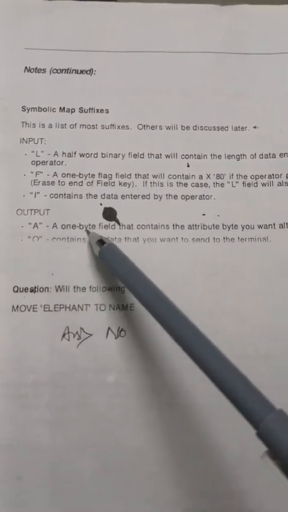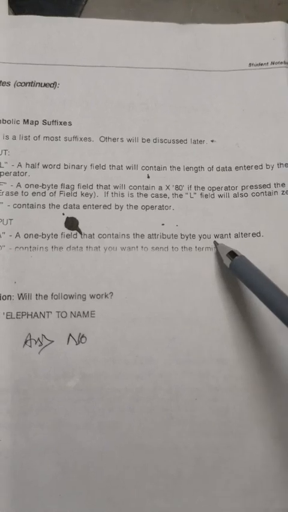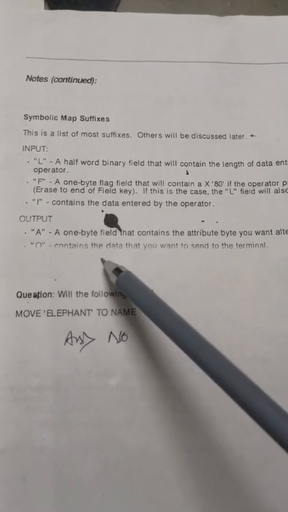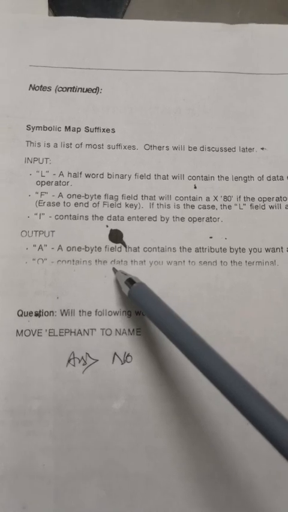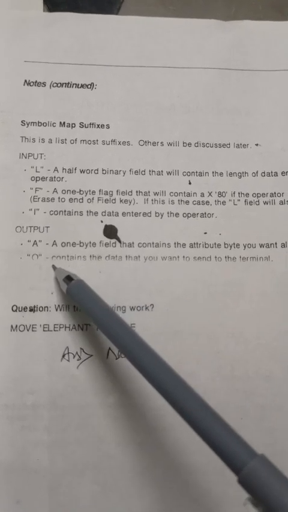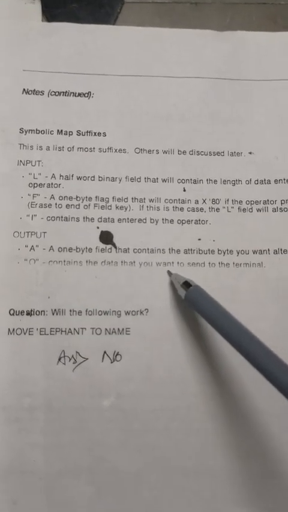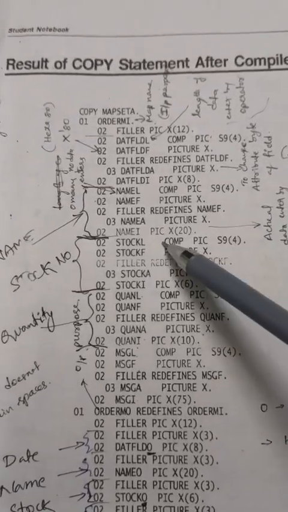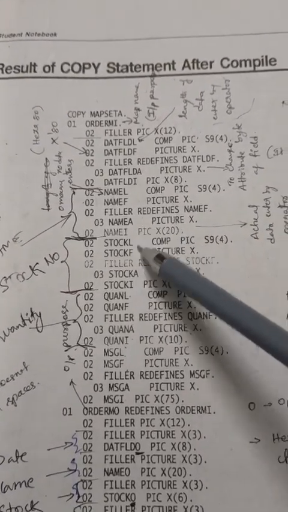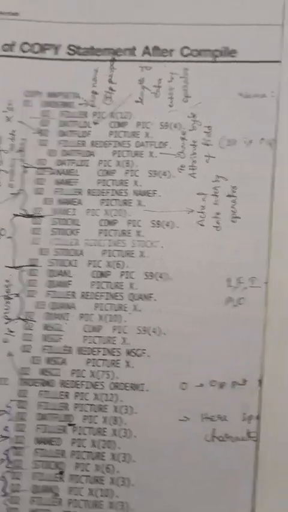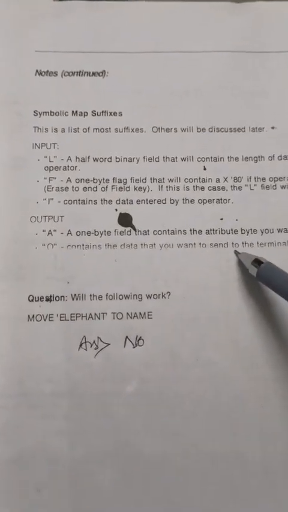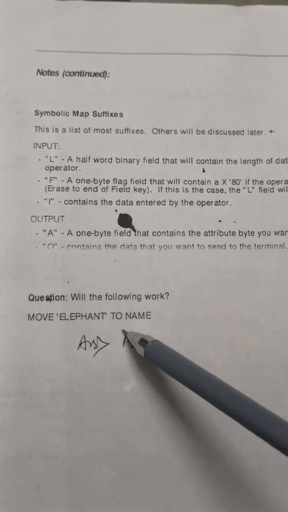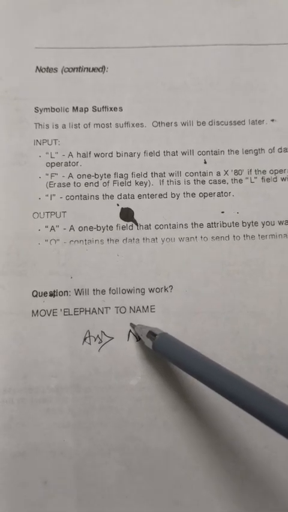And the output field A is a 1 byte field containing the attribute you want to alter, that we'll discuss in an upcoming chapter. What is the attribute field, thoroughly, we'll see later. And O contains the data you want to send to the terminal. Whatever data you want to send to the terminal through programs, we can do it by using the O field.